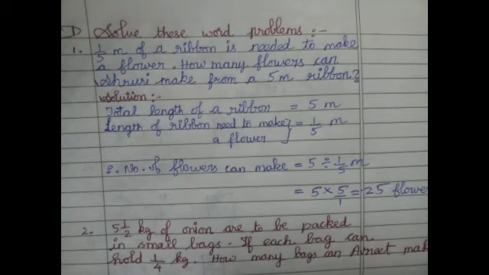Therefore, number of flowers that can be made is equal to 5 divided by 1 by 5. So, we can take the 1 by 5 into inverse form, 5 by 1. Multiply that 5 into 5, 25, denominator is 1. So, 25 flowers can be made from the 5 meter of a ribbon.